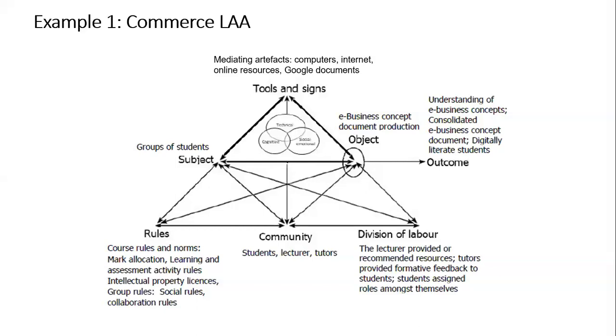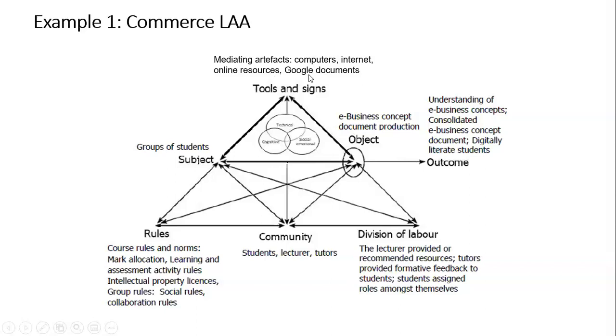The students also have to assign themselves their own roles. As they work collaboratively, they will be dividing some tasks. You go and look for this, and then you come back and share with the group. You go and work on this, and so on. So they also have to assign roles among themselves. In doing this, they are using a variety of tools, which you are also thinking about.